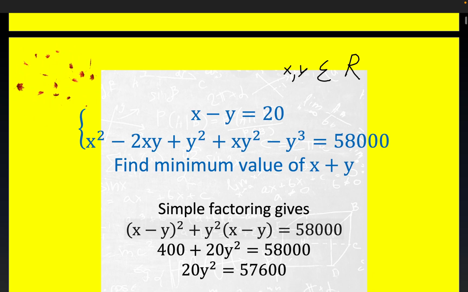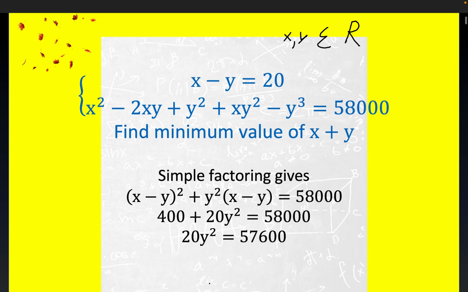Then x minus y is 20, and then the rest of this, you subtract 400, you get 57,600, and then 20 still on the left hand side. And when you divide through by 20, you get y squared is equal to 2880.